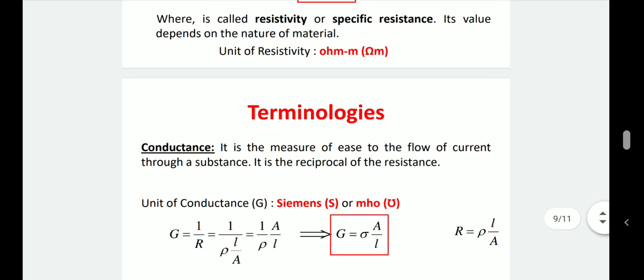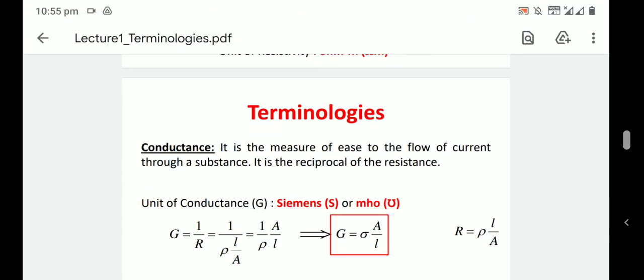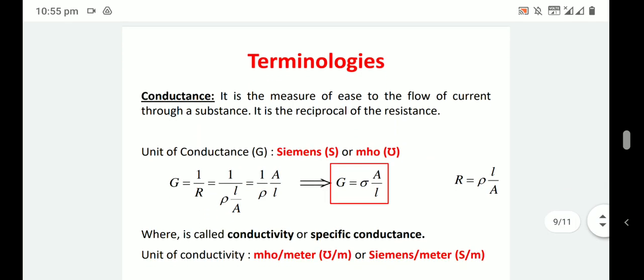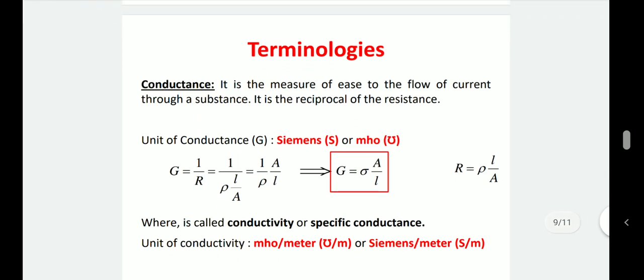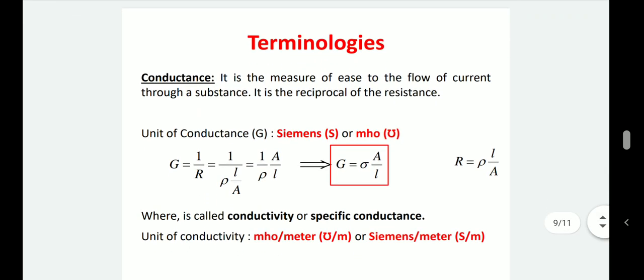Then next term is conductance. Conductance is just the reciprocal of resistance. It is the measure of ease of the flow of current through a substance. It is the easiness of the current flow.